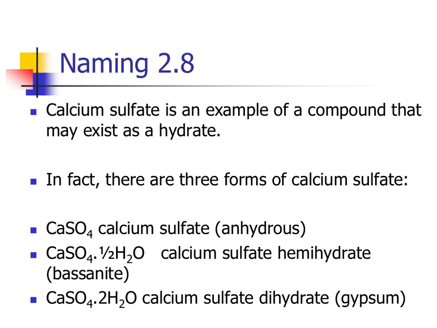You have calcium sulfate hemihydrate, or bassanite, which some people look at and go, how do you get half a water molecule? It's a part of the crystalline structure, and how it repeats is where a half a water molecule sits in between the crystalline structures of calcium and sulfate. That's how that works, but that's a topic for another time.